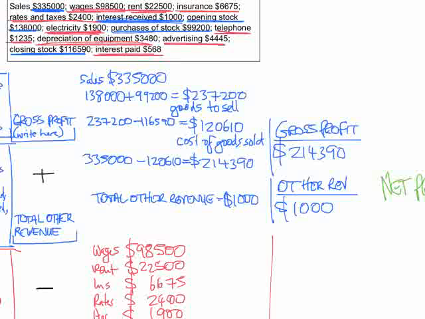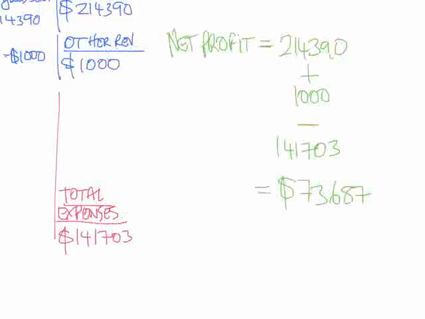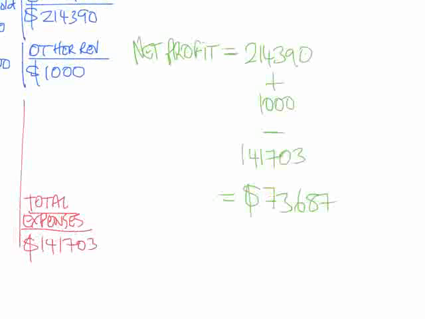Yes, but it cost you $120,610 to buy those things that you were selling in the first place. And then it also cost you all of this just to run your business. And even though you earned another $1,000 on the side, in reality, when it all comes down to it, this is the real profit after considering everything else, and that's what you would be taxed on.